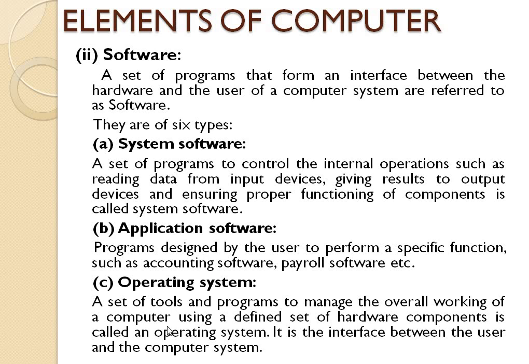Followed by the operating system, an important thing. For the computer to work now, we need an OS, an operating system. They say it is a set of tools and programs to manage the overall computer using a defined set of hardware components, and it is called the OS. It's the interface between the user and the computer system. I am a user, and I have a system before me.